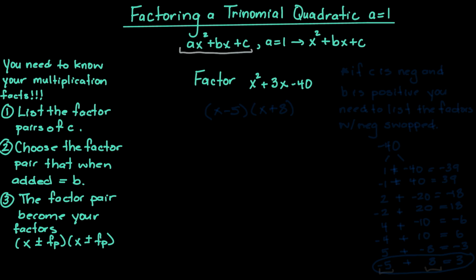Okay, now let's look at the case where C is negative and B is positive. And as a Lex tip like before, if C is negative and B is positive, you need to list the factors with negative swap.